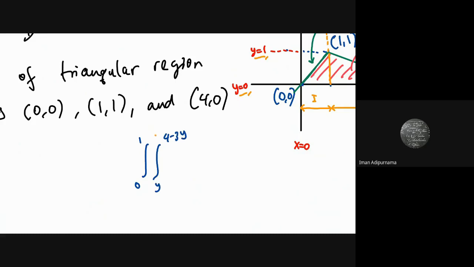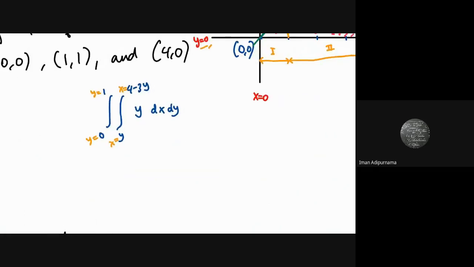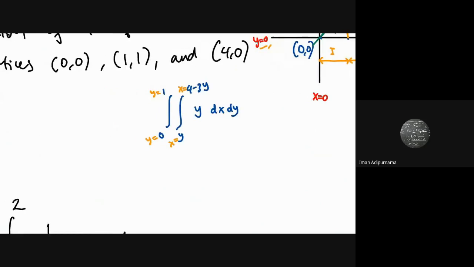This is x, this is x, this is y. Then we put y and then dx dy, the multiple integral. So we can integrate this easily, with respect to x.